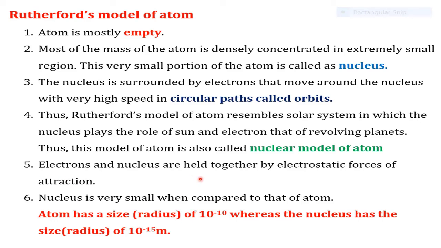Electrons and nucleus are held together by electrostatic forces of attraction. The nucleus is very small compared to the atom. The atom has a size of 10 to the power minus 10 meters, whereas the nucleus has a size of 10 to the power minus 15 meters.